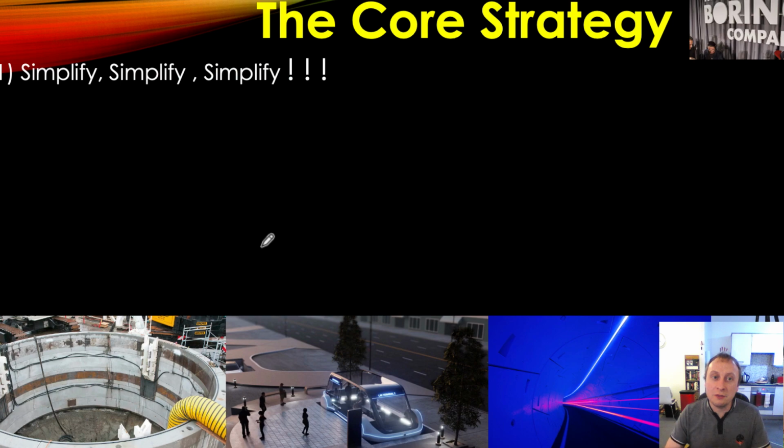This, I think, fits in with Elon Musk's strategy of simplifying. So we're going to simplify the actual route of the tunnel. We're going to have long straight sections, and then we're going to keep the curved parts as short as possible. We're not going to have all these crazy different ways of doing it, because there are different ways where you could jack the machine forward from the rear, and you could have jacking arms coming out at 45 degrees, and it all gets very complex very quickly.